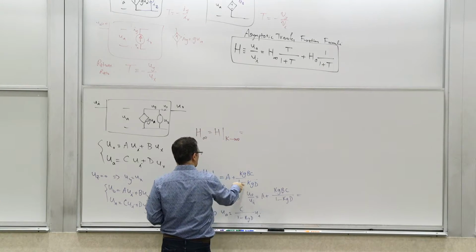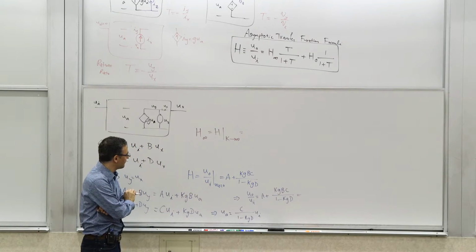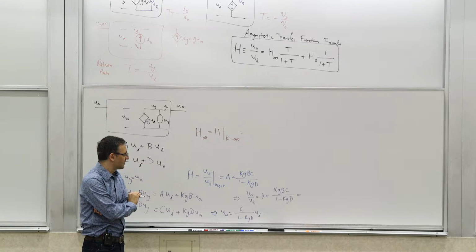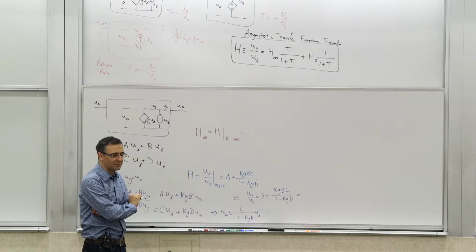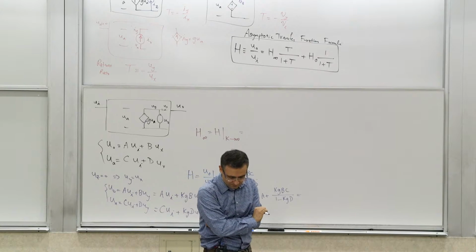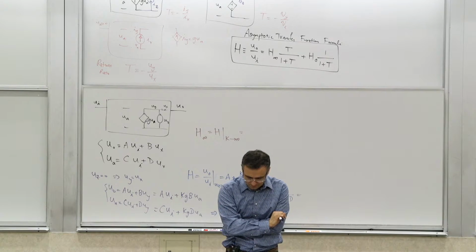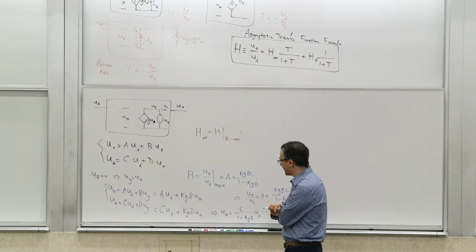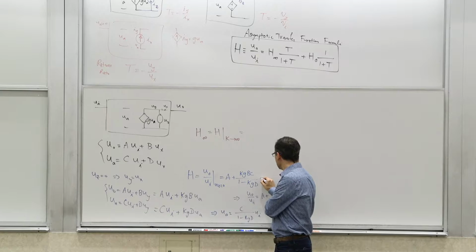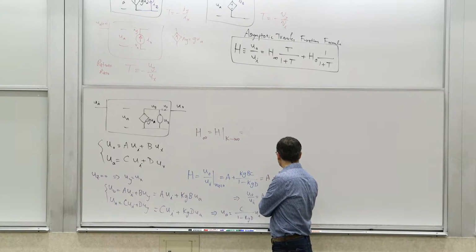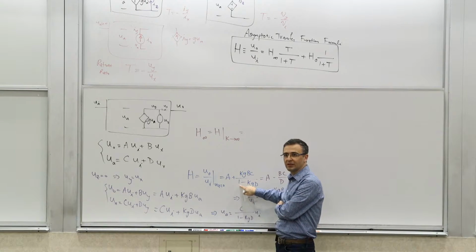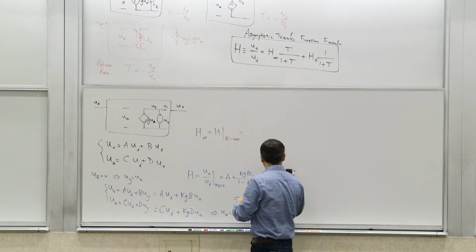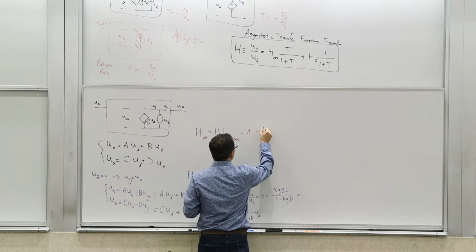So when K goes to infinity, what is the value of H? The A remains, and you get A minus BC over D, because this term becomes insignificant. Oops, not here, sorry, here: A minus BC over D.